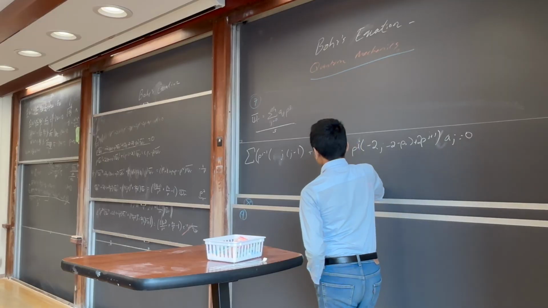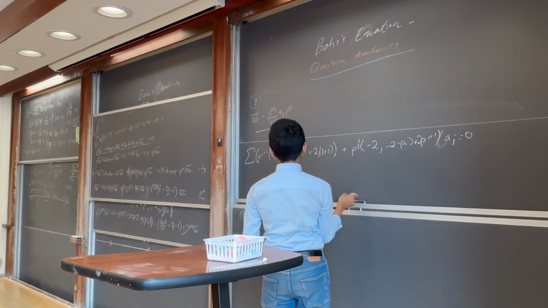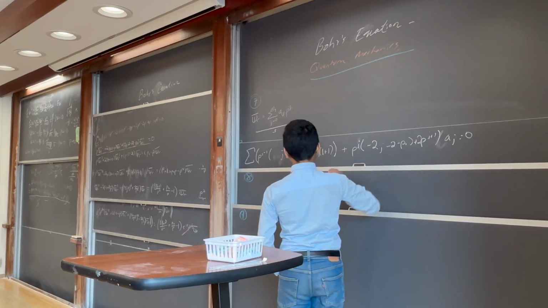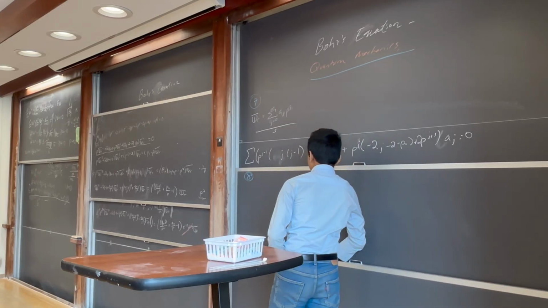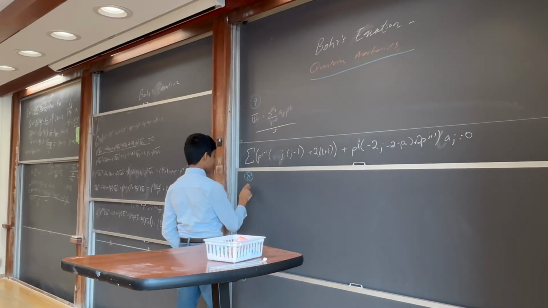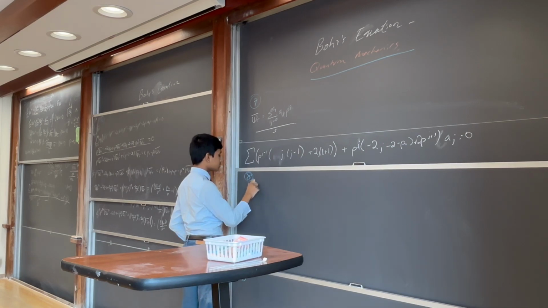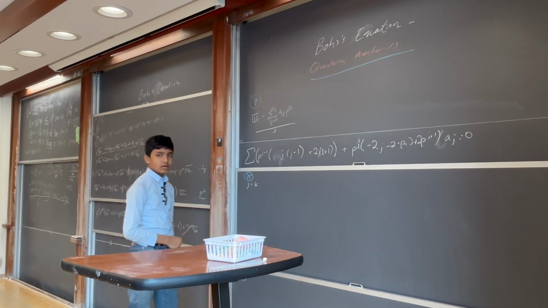Zero. So now, let's do some power series analysis. Let's look at first the term j is equal to k. What do we get?